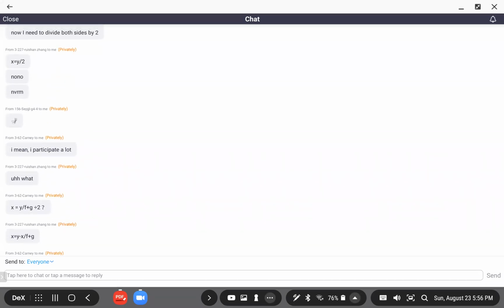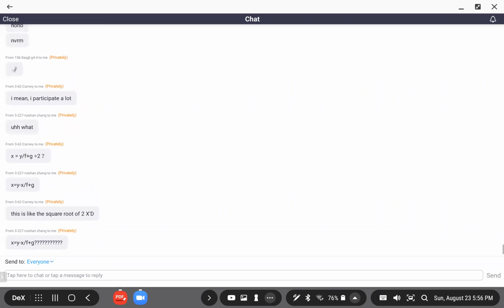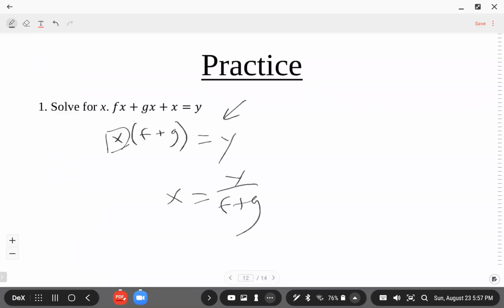Ray Shen says x equals y minus x divided by f plus g, and that is incorrect because you have to isolate the x. You can't have the x on the other side too. So this should be the answer if this x wasn't included.